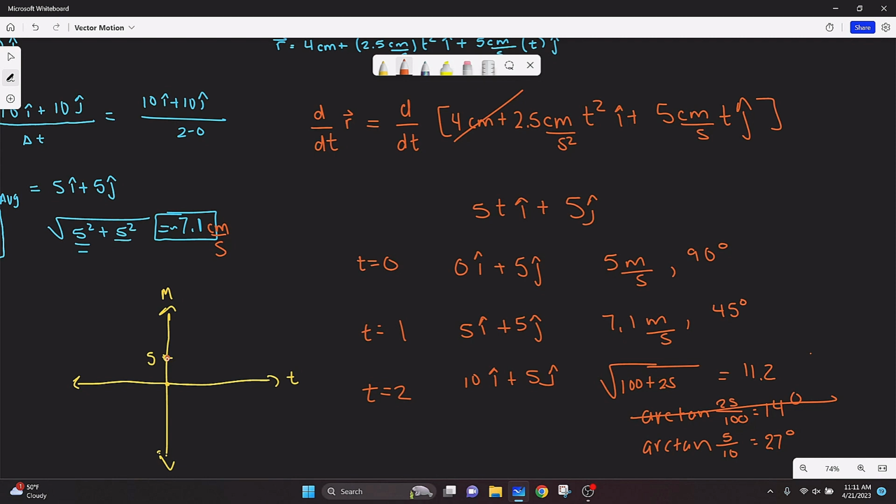And then at t equals 1 second, let's say right here, 1 second, we get 7.1. We'll say it's like right here. And then we get up all the way to 11 at 2 seconds. So let's say like right here.